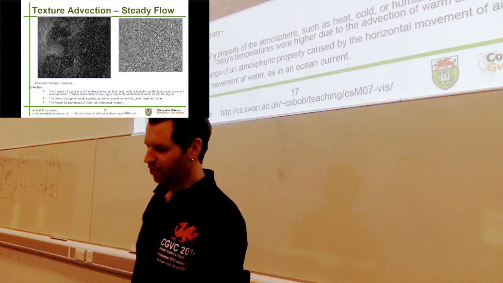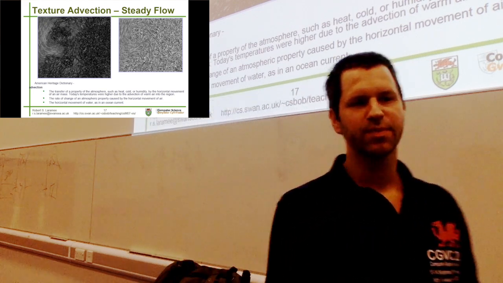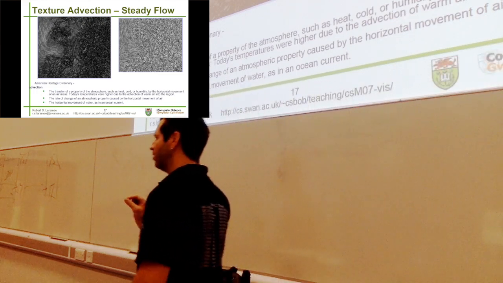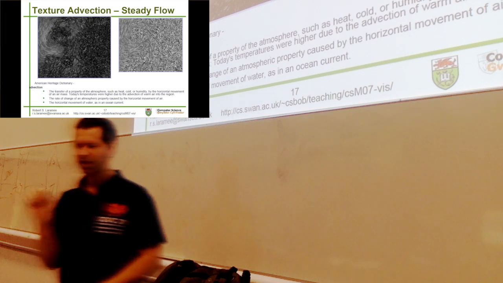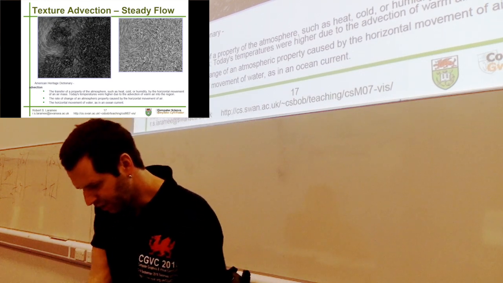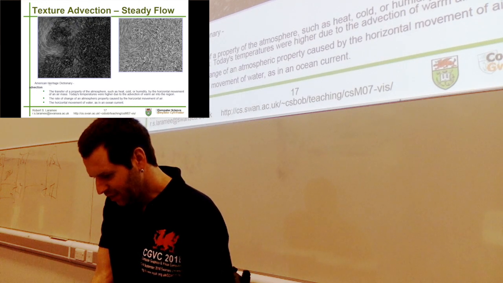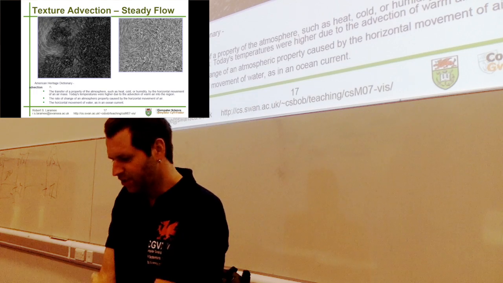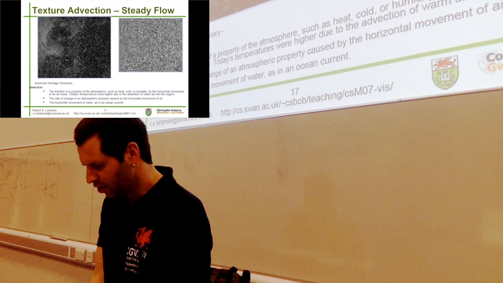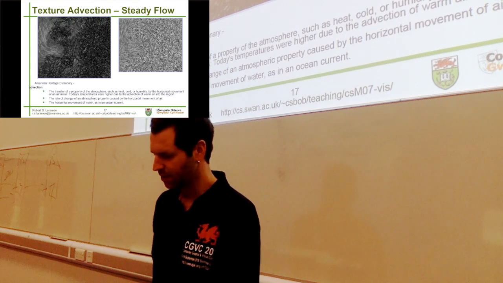And then what we saw in the video is texture advection, and that is when the texels, or the texel values, are pushed in the direction of the flow. If we look up the word advection in the American Heritage Dictionary, the term means the transfer of a property of the atmosphere, such as heat, cold, or humidity, by the horizontal movement of an air mass.